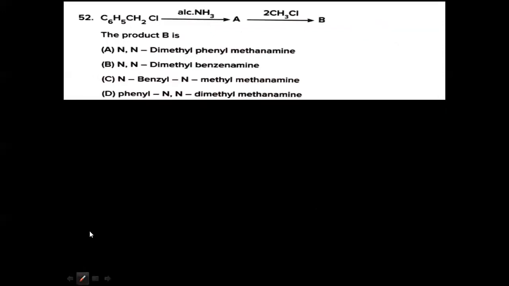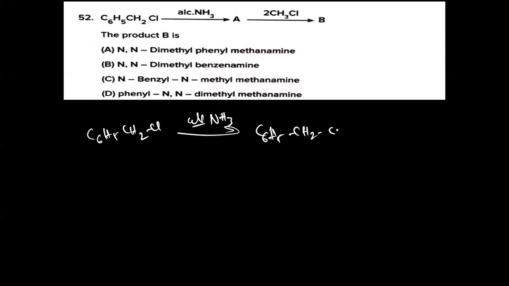52. C6H5CH2Cl on treating with alkaline ammonia gives A, which on treating with 2 CH3Cl, methyl chloride, gives B. The product B is... So 52. C6H5CH2Cl on treating with alcoholic NH3 gives C6H5CH2NH2, where Cl is replaced by the NH2 group with the liberation of HCl.